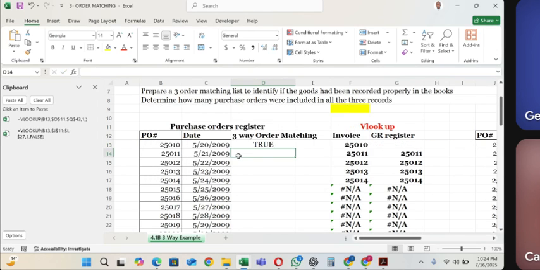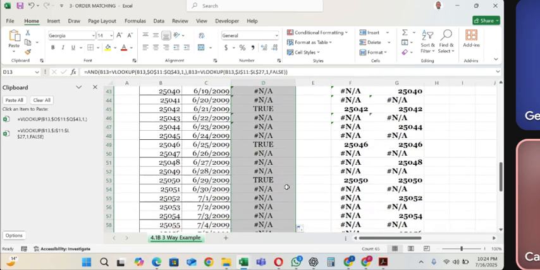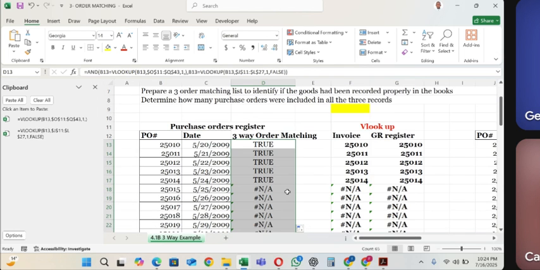Usiweke equal sign. Now click the first yenye ulicopy. Put a comma.